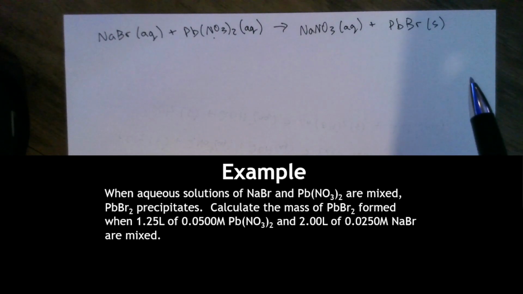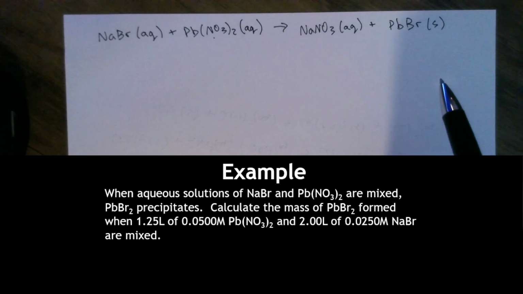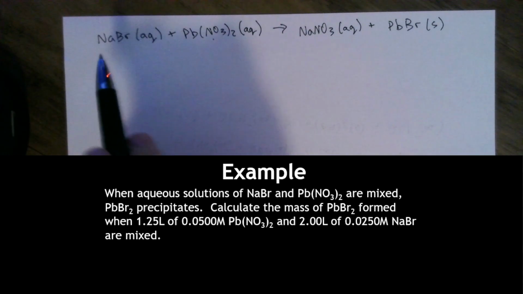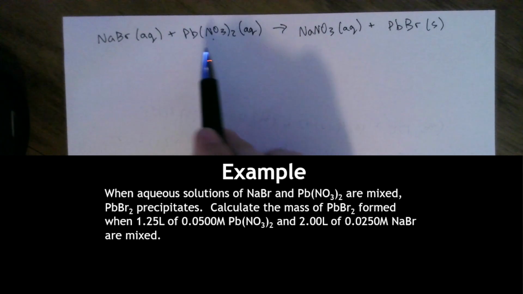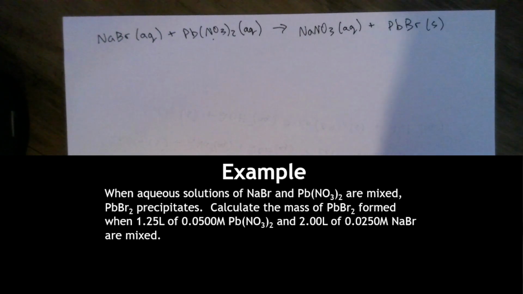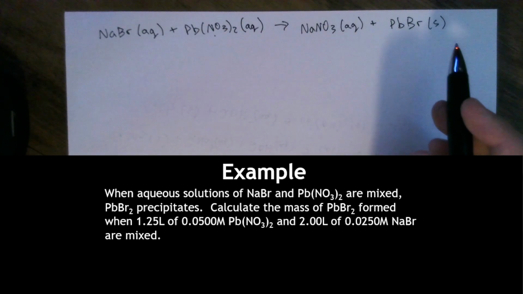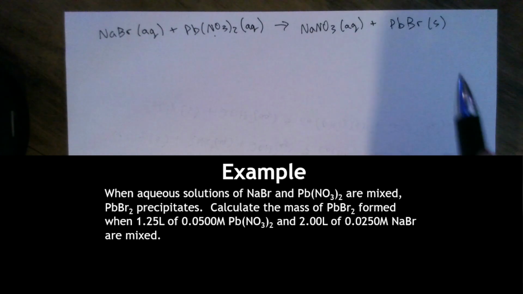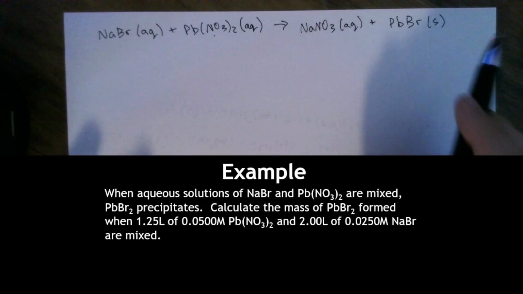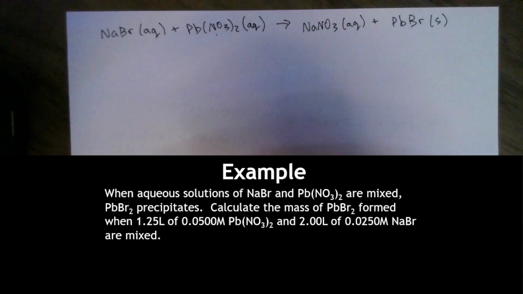Okay. I have a molarity and a volume in liters for NaBr and a molarity and a volume in liters for Pb(NO3)2. What I need to do to make that equivalent is turn both of those into moles. I have my balanced equation written out here. Let's start with this. I'm going to take this balanced equation and simplify it even further. Not all of this matters.